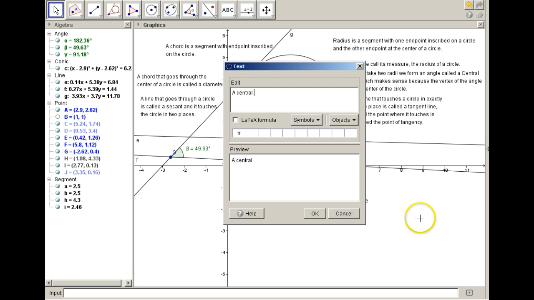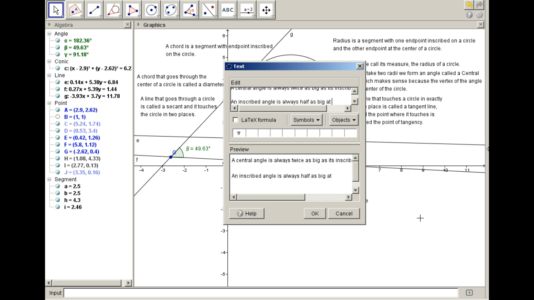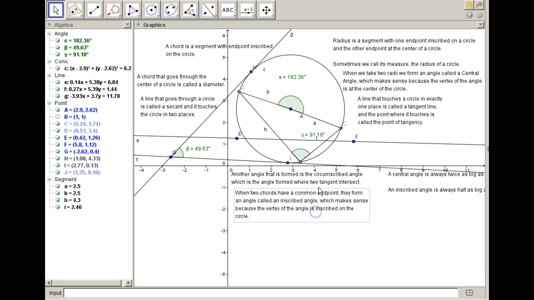A central angle is always twice as big as its inscribed angle. And of course that means that an inscribed angle is always half as big as its central angle. Those will be important to know when you're wanting to solve problems.